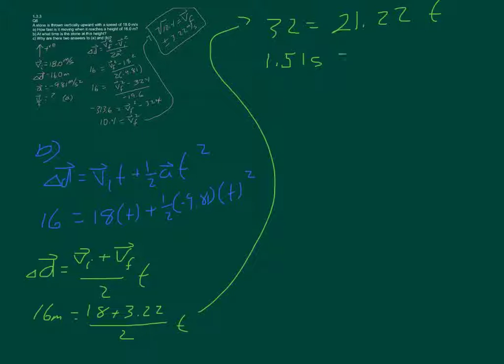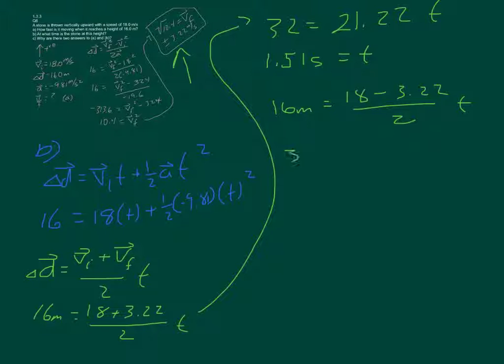seconds equals t. Now we have a little issue here. I want to stop for a moment there. Our answer in one was plus or minus 3.22. So I did plus 3.22. We better look at the other one as well. So we could also have done 16 meters equals 18 minus 3.22 all over 2 times t.